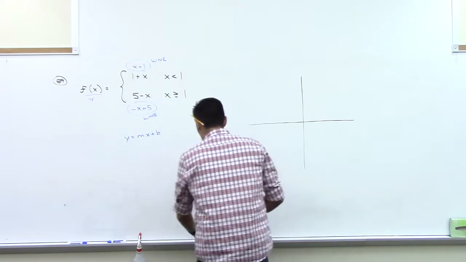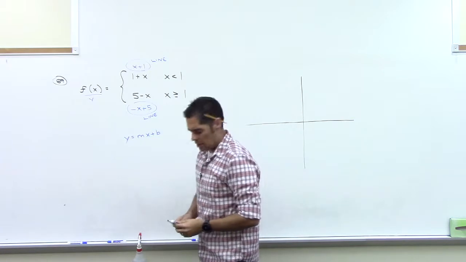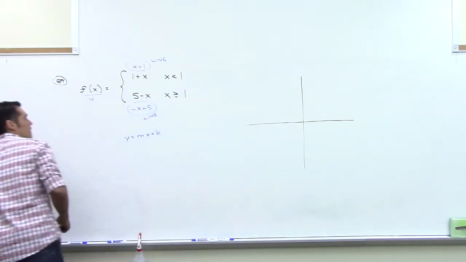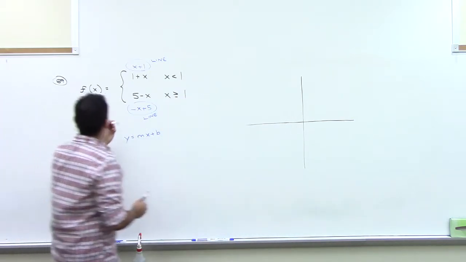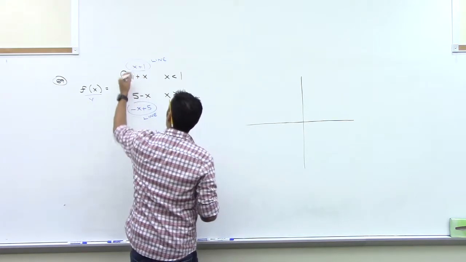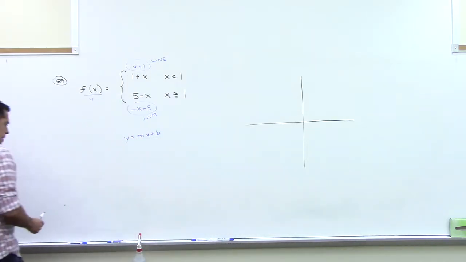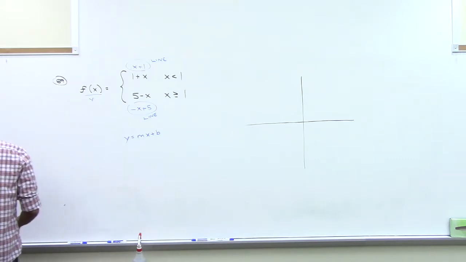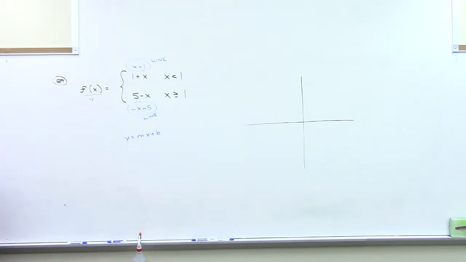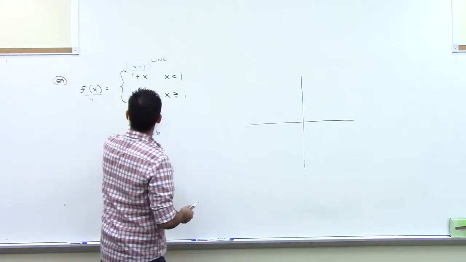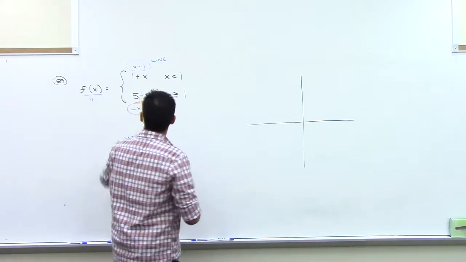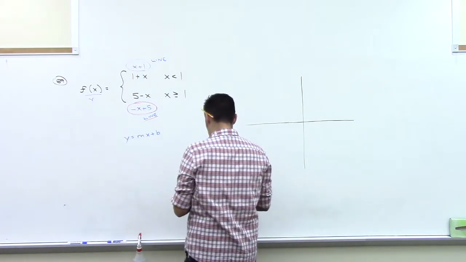So if I wanted to do a quick sketch of these, and I should have done this in color, we'll make this one red, and I'll make that one blue.